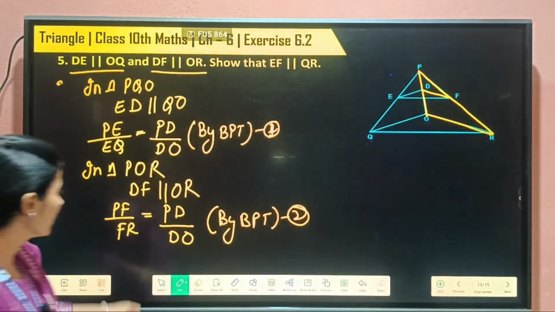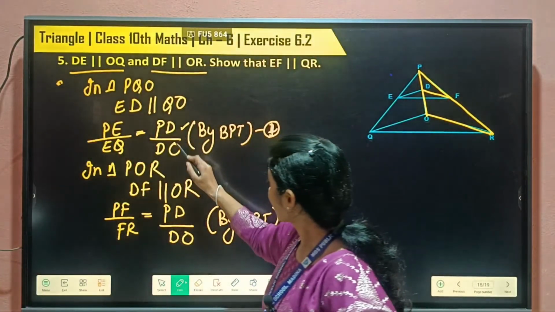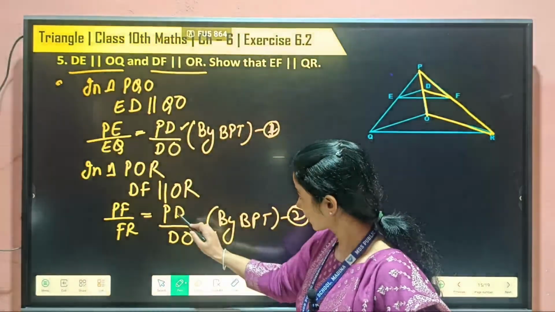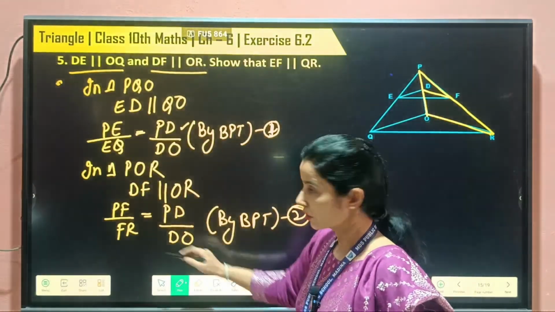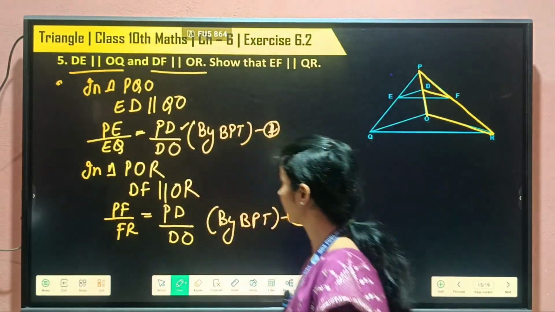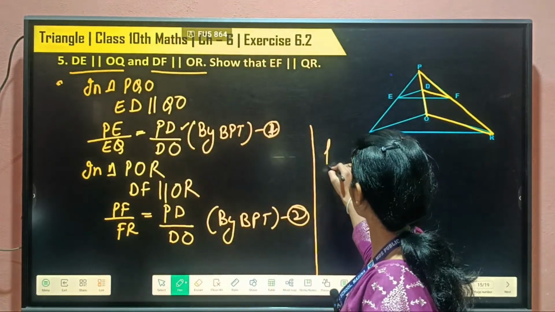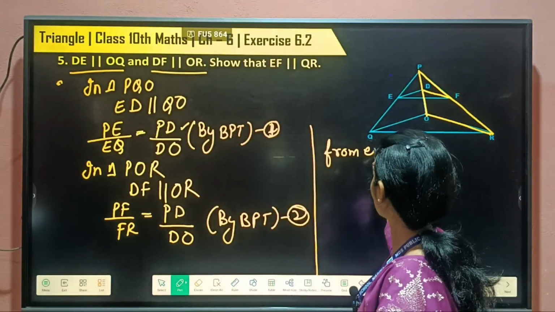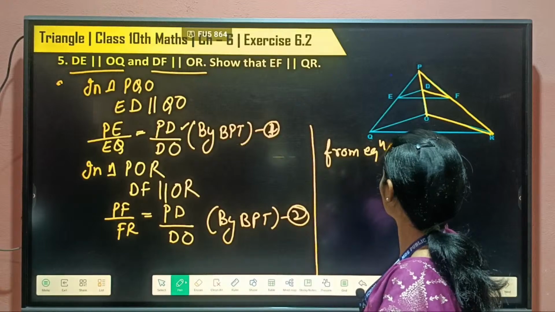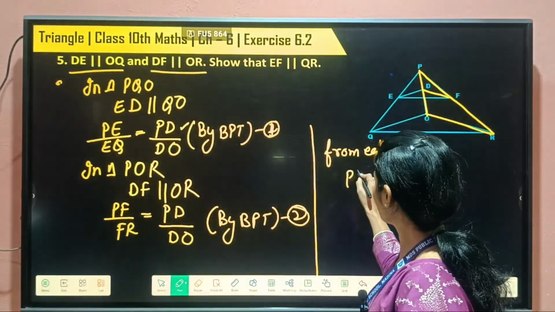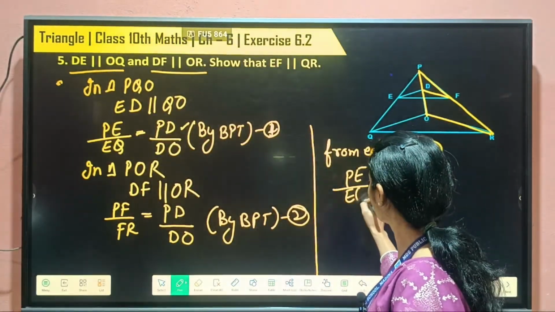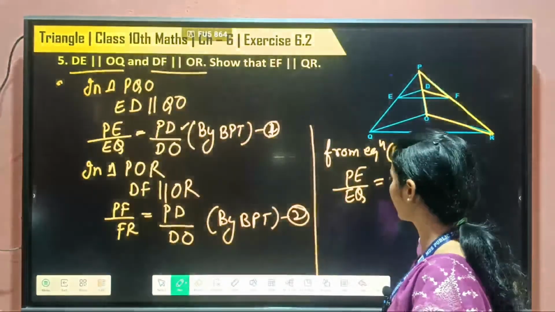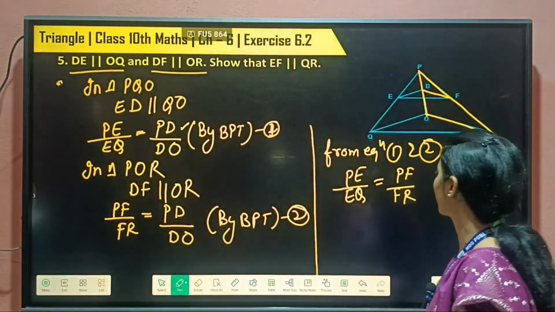From 1 and 2, you will see their right hand side is PD by DO, and this also has right hand side PD by DO. So their left hand sides will be equal. What will be the left hand side? From equation 1 and 2, PE by EQ equals PF by FR.